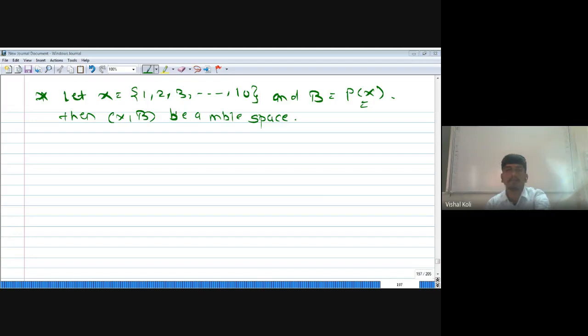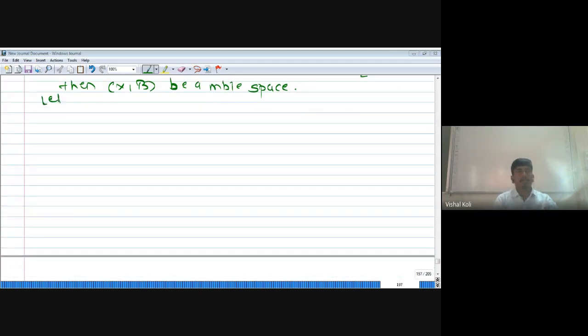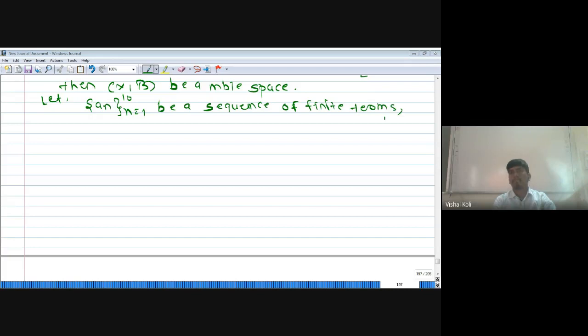Let a_n, whenever n is running from 1 to 10, be a sequence of finite terms. There are only 10 terms, where a_n, that is the nth term of the sequence, will be (minus 1) to the power n into n.